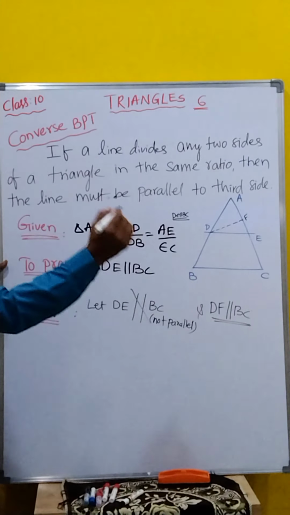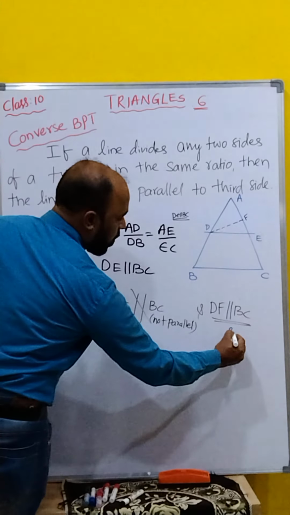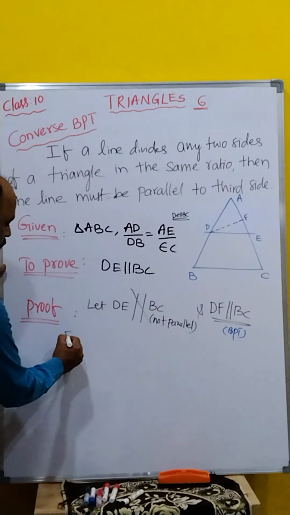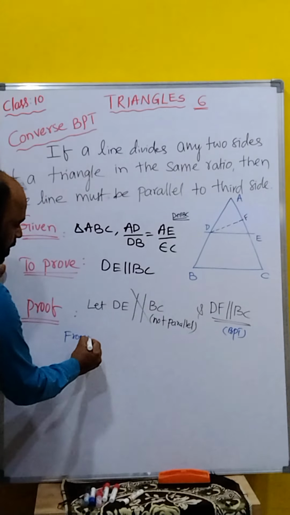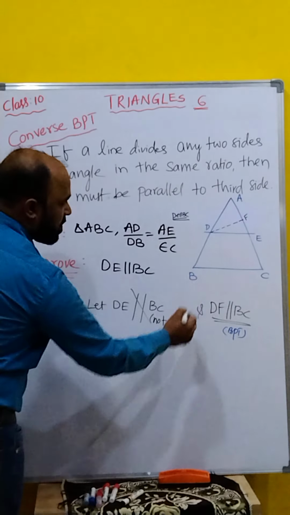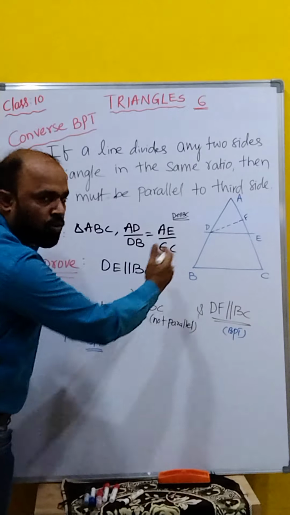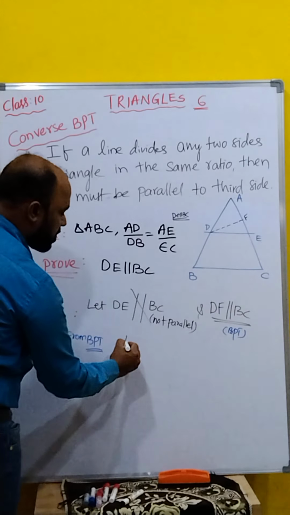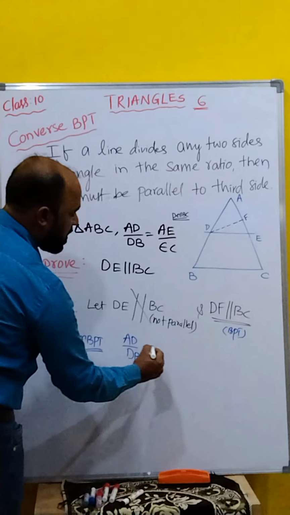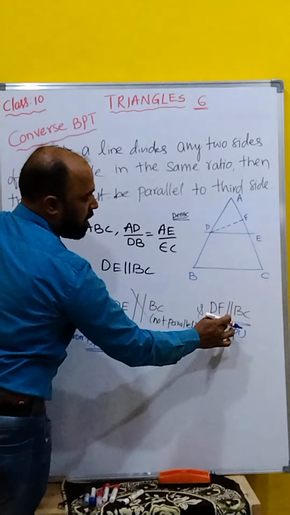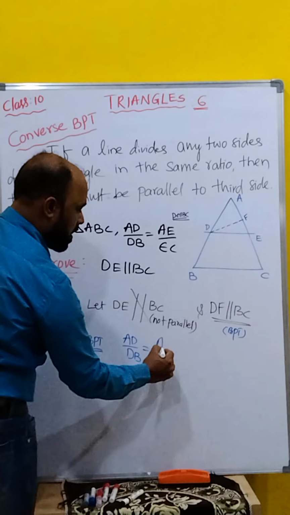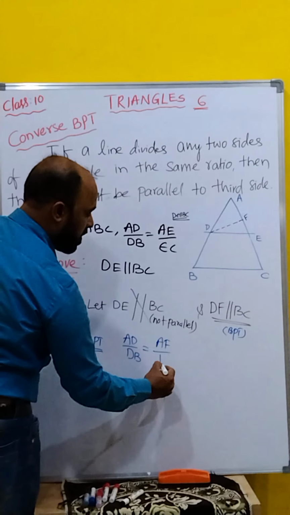If DF is parallel to BC, then according to the basic proportionality theorem, from BPT, AD by DB, this side is no change, AD by DB is equal to, with DF parallel to BC, AF by FC.